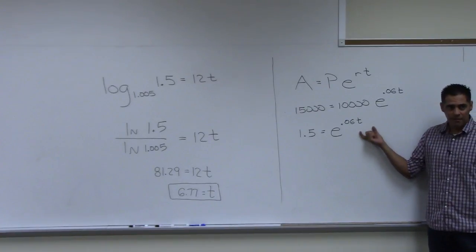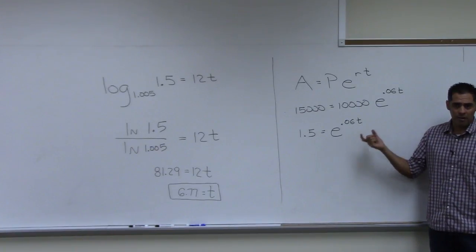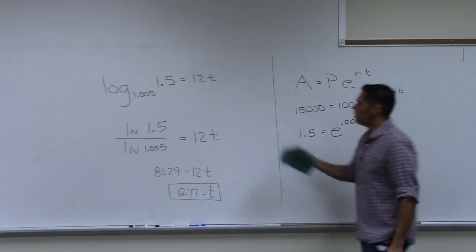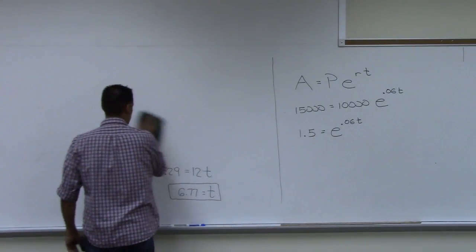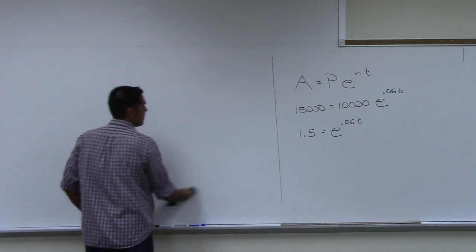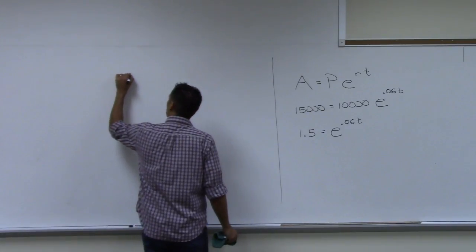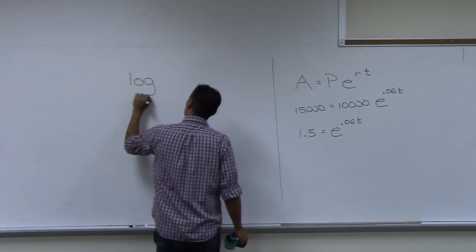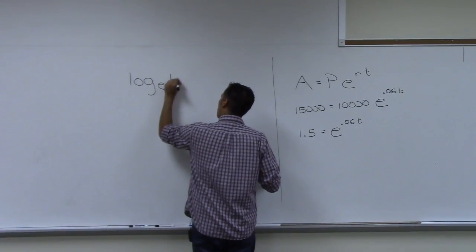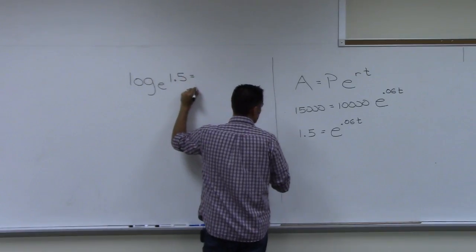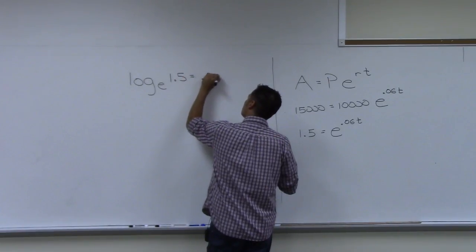Rewrite this from exponential form to log form, right? So when I do that, I get log base what? e, and then what goes here? 1.5 equals 0.06t.